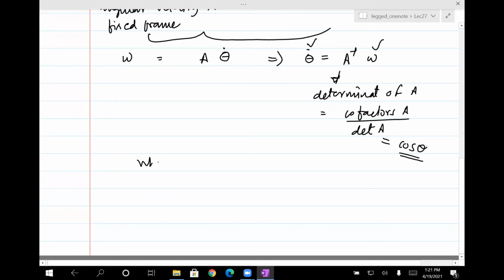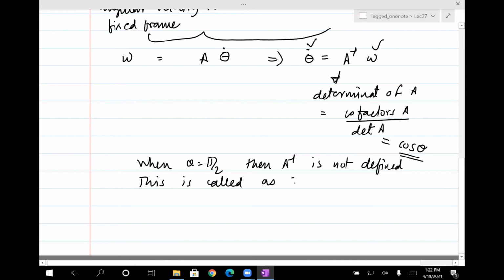So when theta equals pi by 2, A inverse is not defined, and we have what is known as gimbal lock.